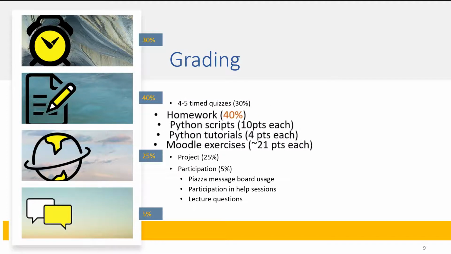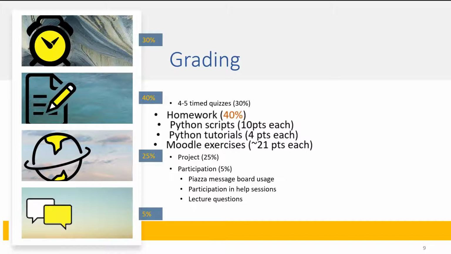And next we have homework, which is worth 40% of the grade. The homeworks generally consist of Python scripts, Python tutorial lessons, and Moodle exercises. Each Python script is worth 10 points.